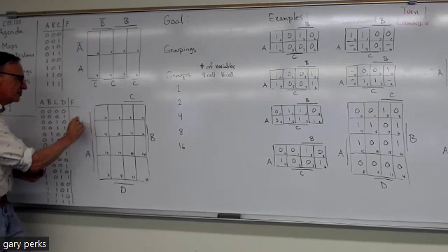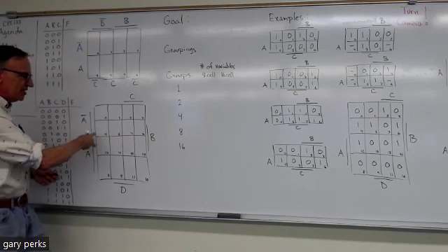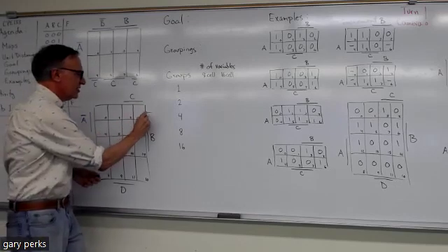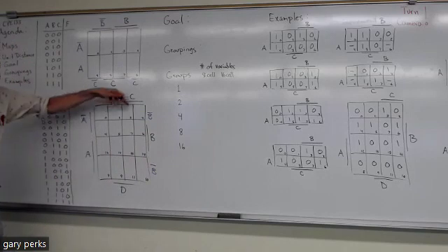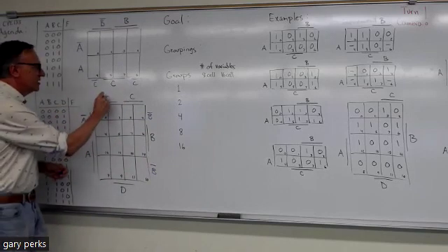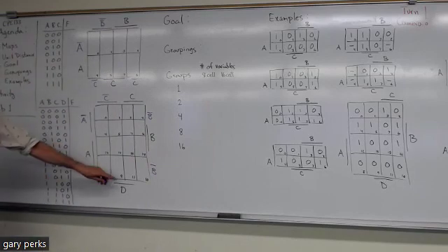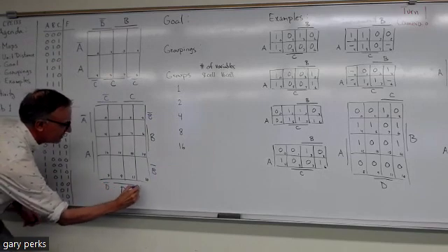So these two rows would be not A. For these indexes, B is 1, so this would be not B. For these indexes, C is 1, so for these values we have not C. And then here, D is the least significant bit, so these two columns have your odd values, and the outer columns would have the even values, where we have not D.